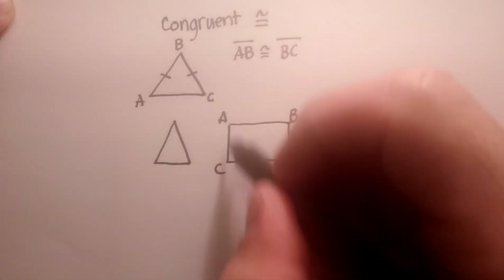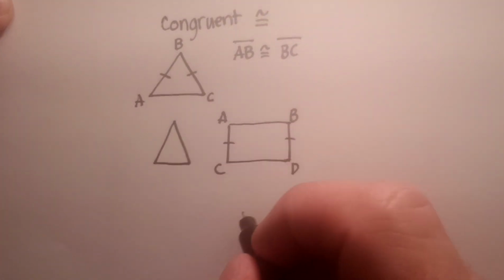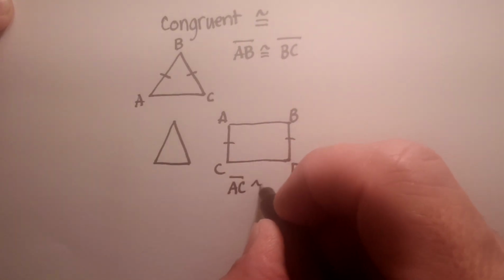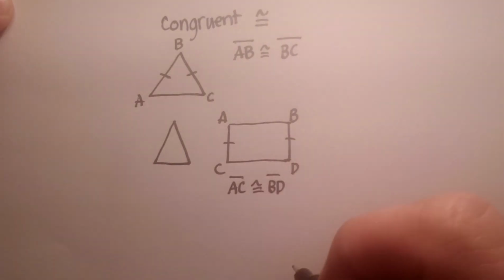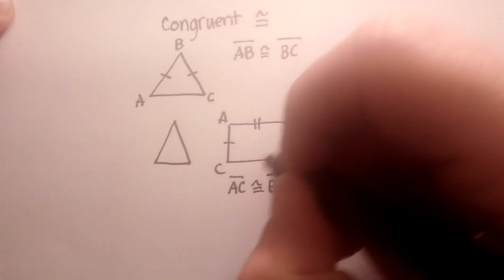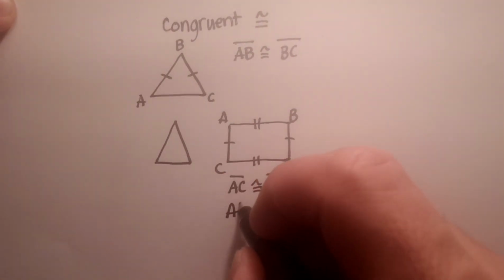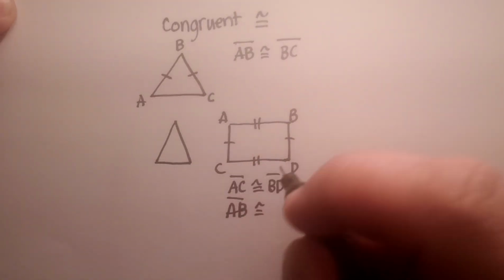I could say that AC and BD are congruent. I would do that, and then I would do this. AC congruent BD. I could also say that AB is congruent with CD.